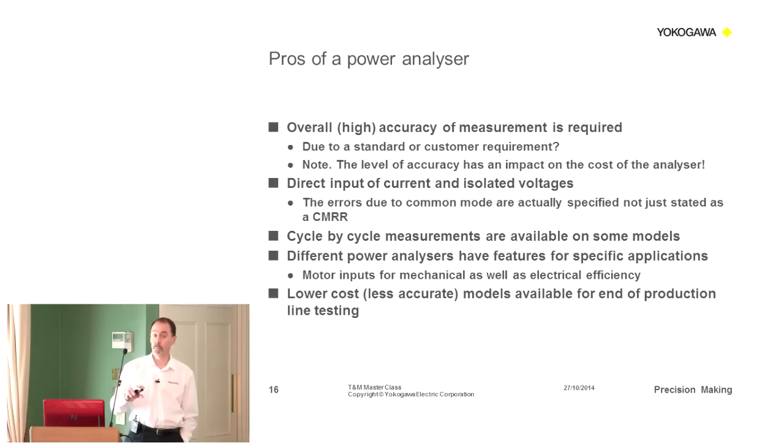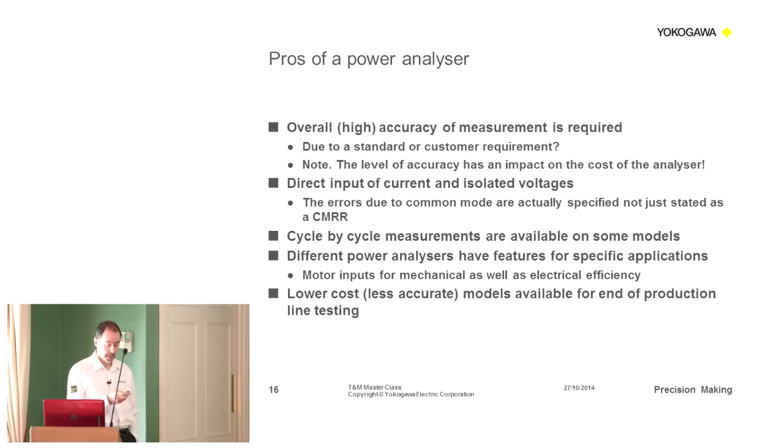Accuracy is not quite so important, because at this stage you've already proved the design, you're just doing a sampling or a test at the end of a production line. So you need to be able to know what the accuracy is, but it doesn't need to be as high as you would perhaps need in a validation process of your design.